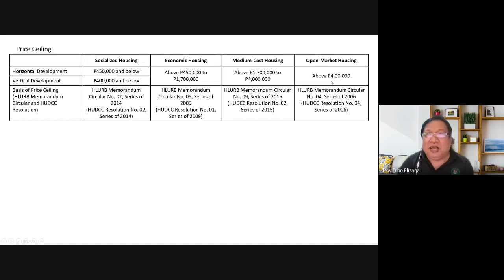But when I was presenting it, our coordinator, Architect Presas, used the title of the plate as medium cost housing subdivision, which gives you the idea that it might be medium cost housing. So I already pointed that out to them, and after a while, we agreed that it should be open market housing. Okay. So just in case it's not clear with your instructor, please clarify it with them because the instructor might prefer medium cost housing.